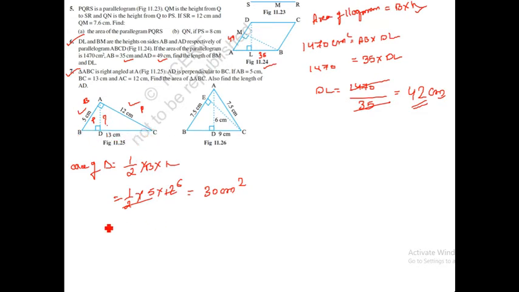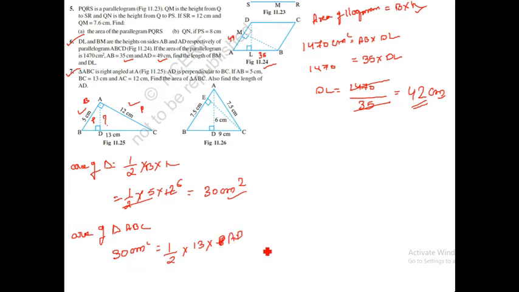Now for case 2, area of triangle ABC, we have the area that is the same, 30 centimeters square, and we don't know the perpendicular. Half into base, base is 13, and the perpendicular is AD, which we don't know, so let it be AD.